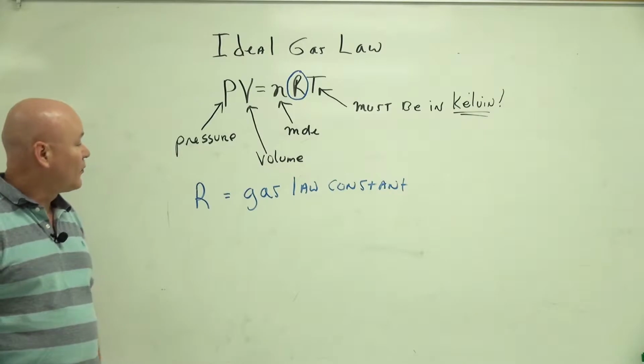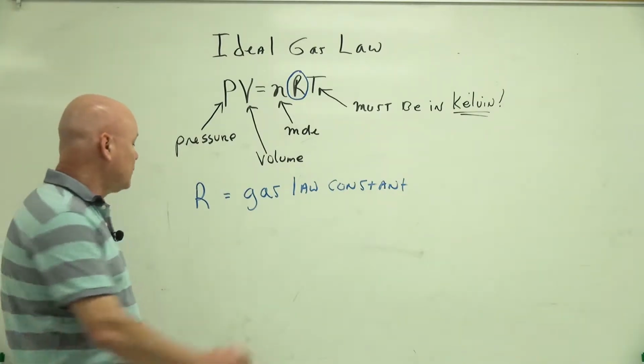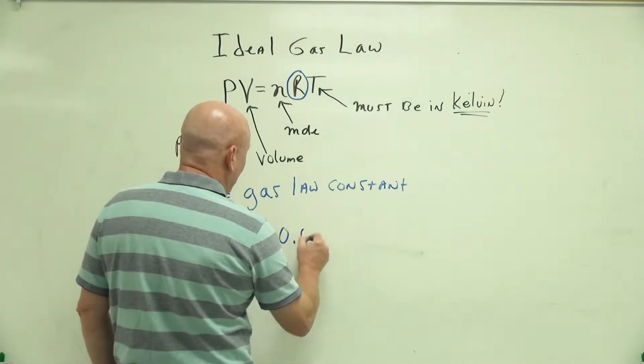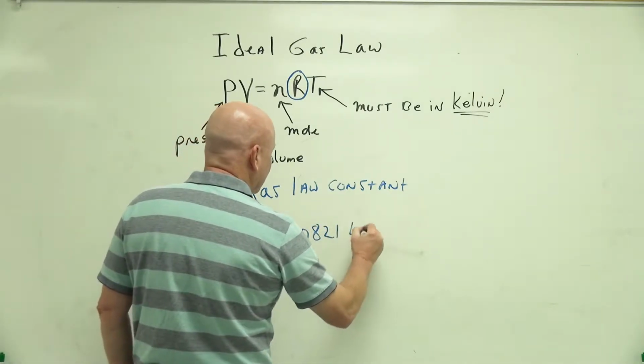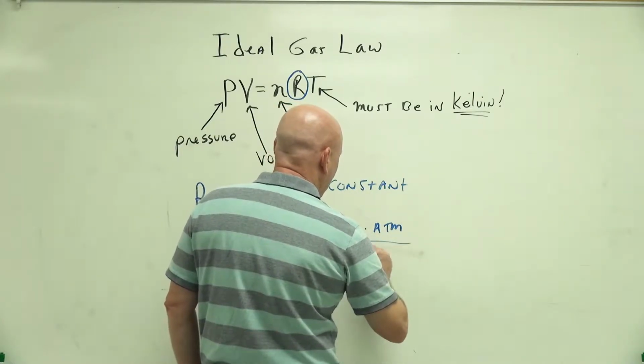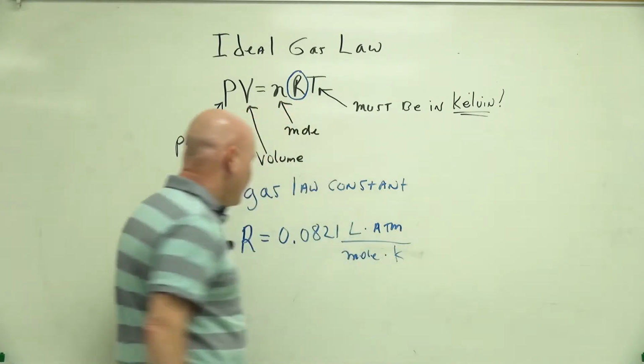That's what R does. Now there's two flavors of R that we will use, and the first kind of R is 0.0821 liters atmospheres per mole Kelvin.